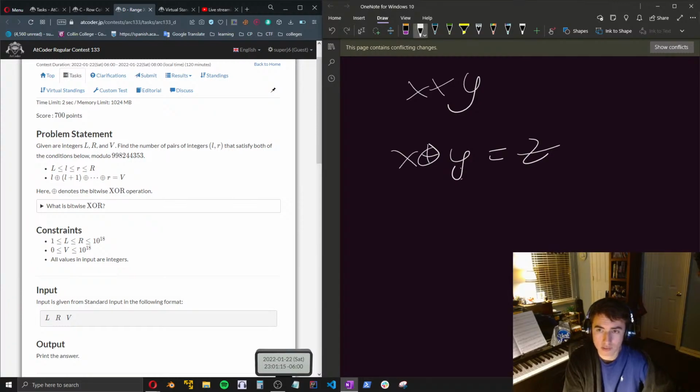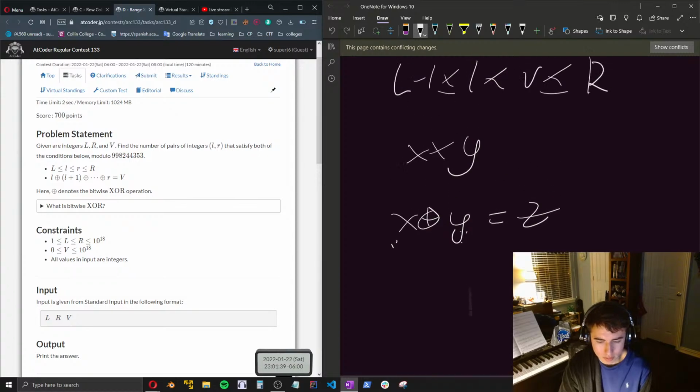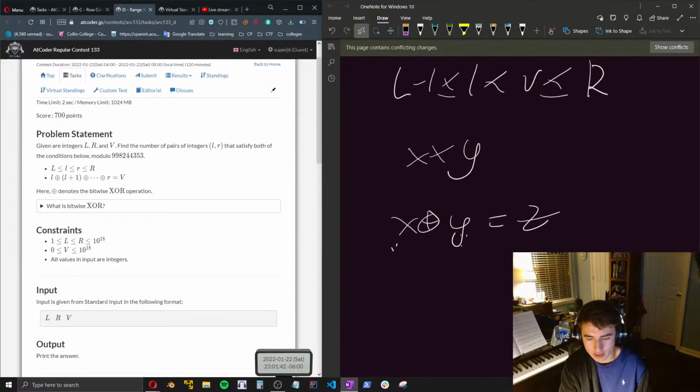We know for each value of x, there's a unique y that gives us the correct value, right? But we can't just say from all x from L to R, because let's say for x from L minus 1 to R, how many given numbers greater than x are also in the range?